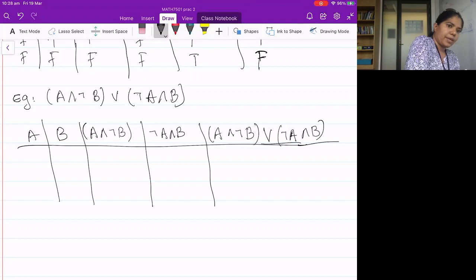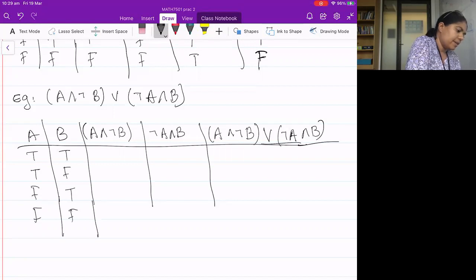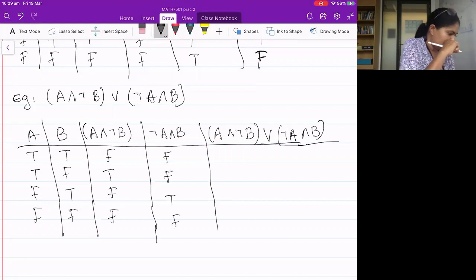Okay. When I fill the table, this is true, true, false, false, and that's T, F, T, F. Here I got F, T, F, F, and F, T, F. So you can compute the truth table for the last column.